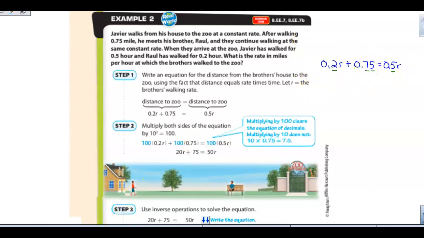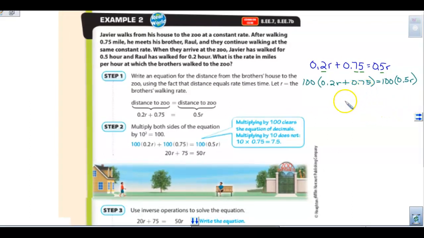So I'm going to multiply both sides of the equal sign by 100 to get rid of those decimals. So that would look like 100 times 2/10 R plus 75 hundredths equals 100 times 5/10 R. And so this is distributive property.